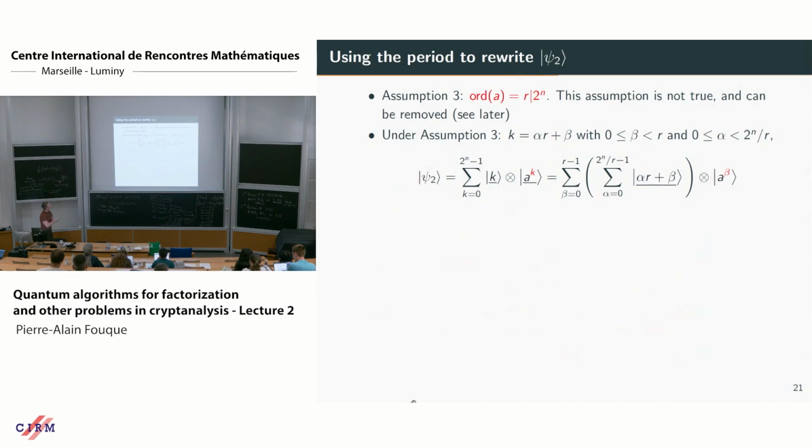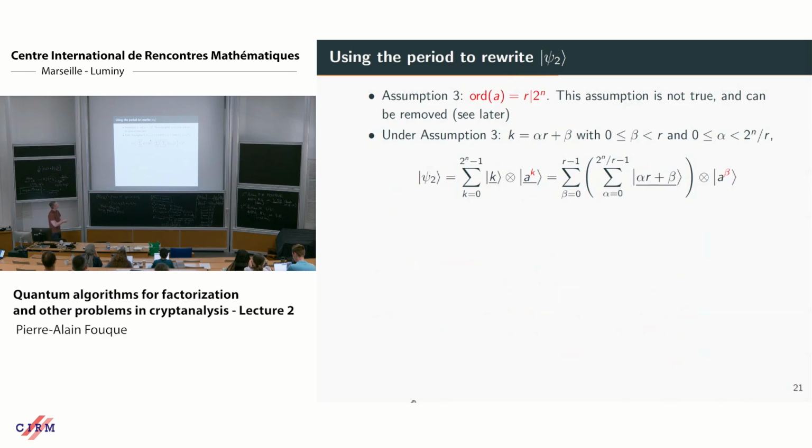So the state after the oracle is this one. Now I will compute the Euclidean division between k and r. The remainder will be beta and the quotient will be alpha. I know that the remainder is between 0 and r, and the quotient is in this set.